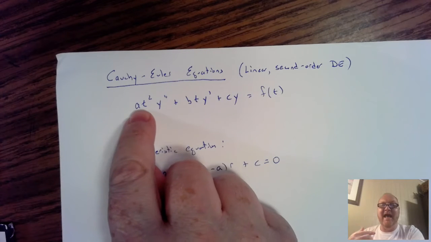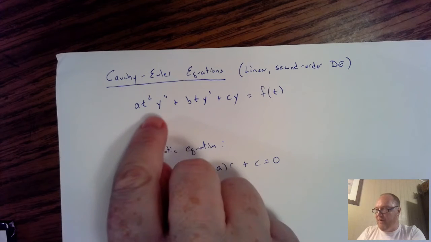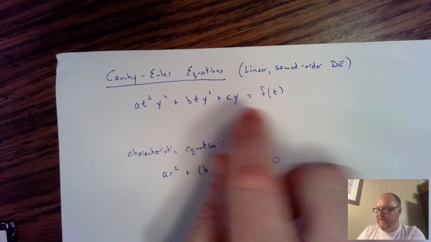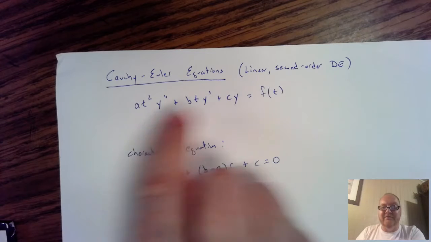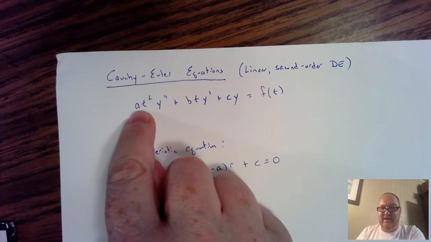But keep in mind, I'm looking for y, or an f of t function, so y, y double prime, y prime: nothing is being squared, nothing else is going on with those. That's what makes it linear. And it is second order because it's the second derivative. That is independent of the t squared and the t and so on.